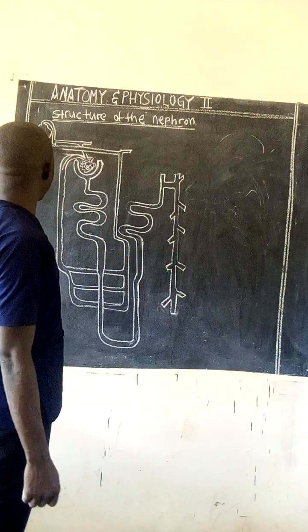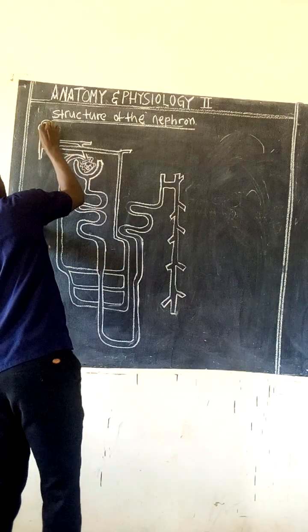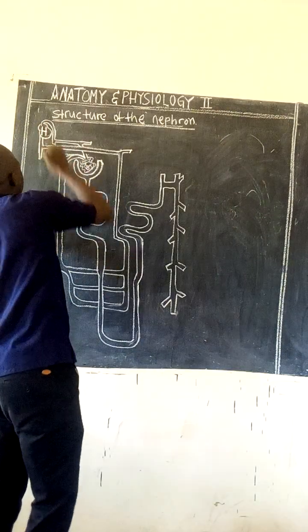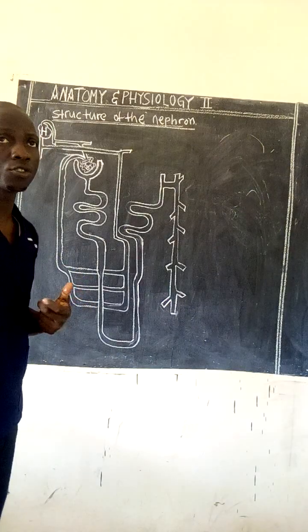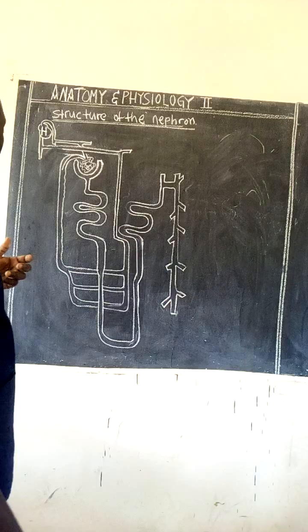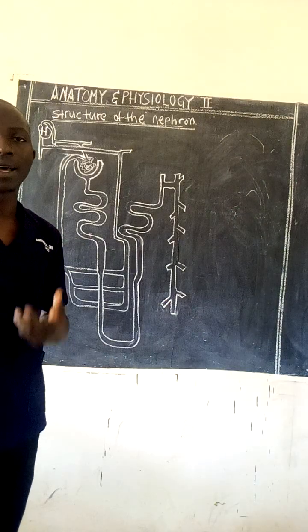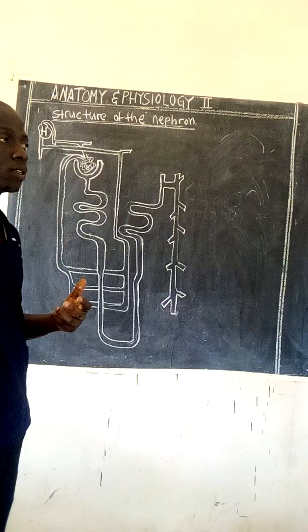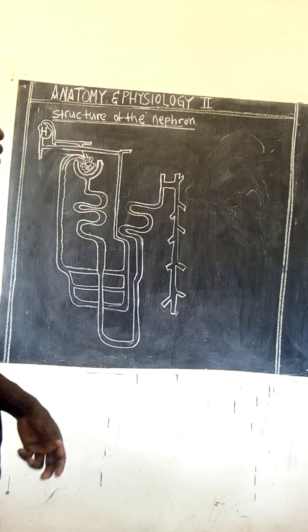So here in a simple structure, I've tried to illustrate the heart. Let me label it with letter H for its identification. So we know the heart pumps blood continuously, oxygenated and deoxygenated.